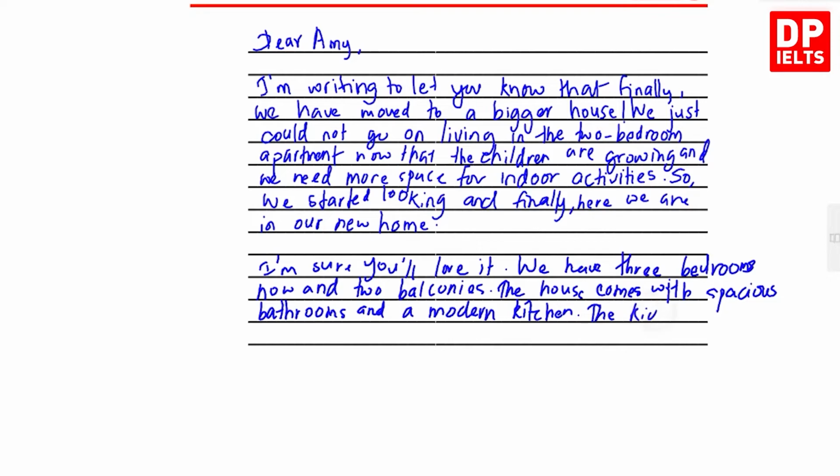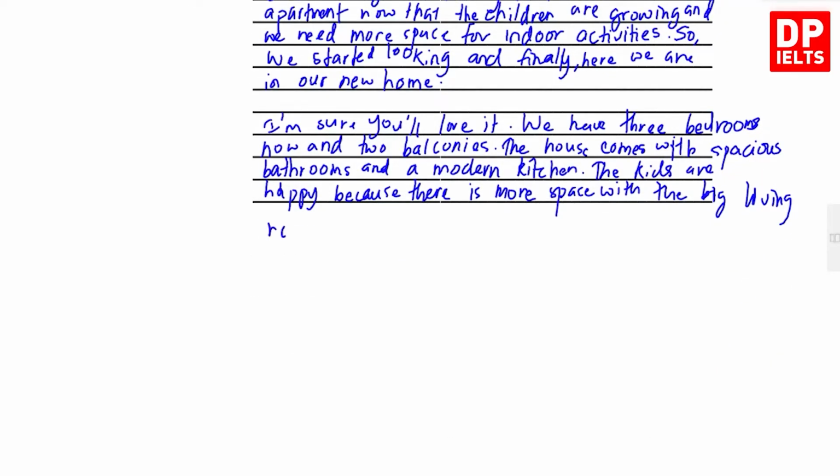The kids are happy because there is more space with the big living room and the garden outside.